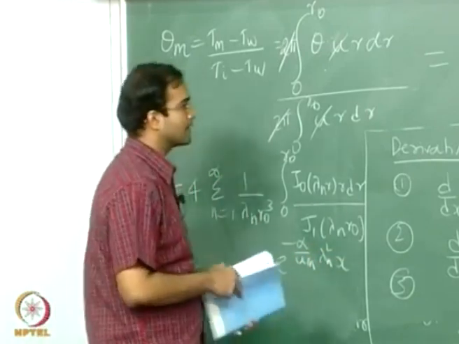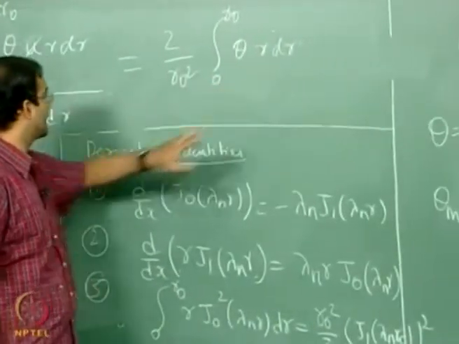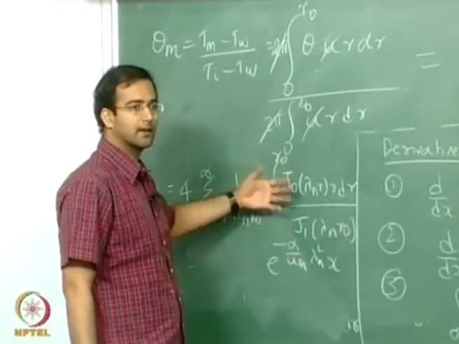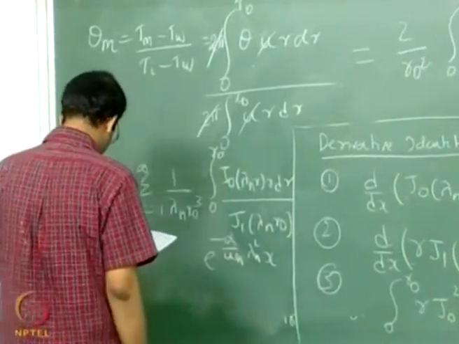So I am just substituting for theta and multiplying with r here. Okay. So you can just verify it. I am going a little bit fast, but it's straightforward, there is no difficulty here.